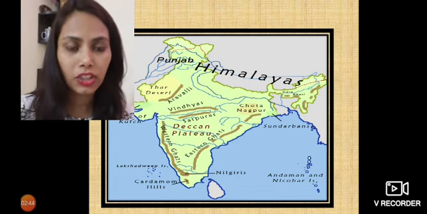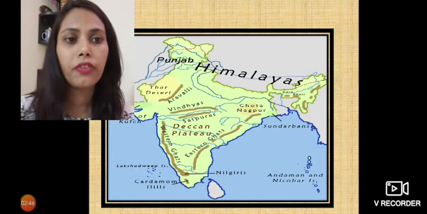So the south of India has a major physiographic division, the Peninsular Plateau. It has various hills, many rivers crossing it, and various landforms. This is just what I've tried to show you on the map. Let's go further.